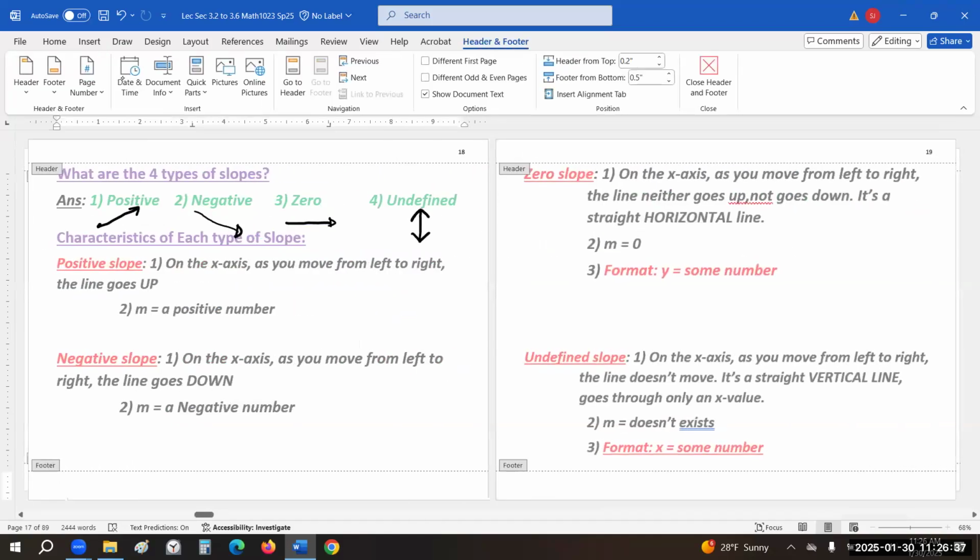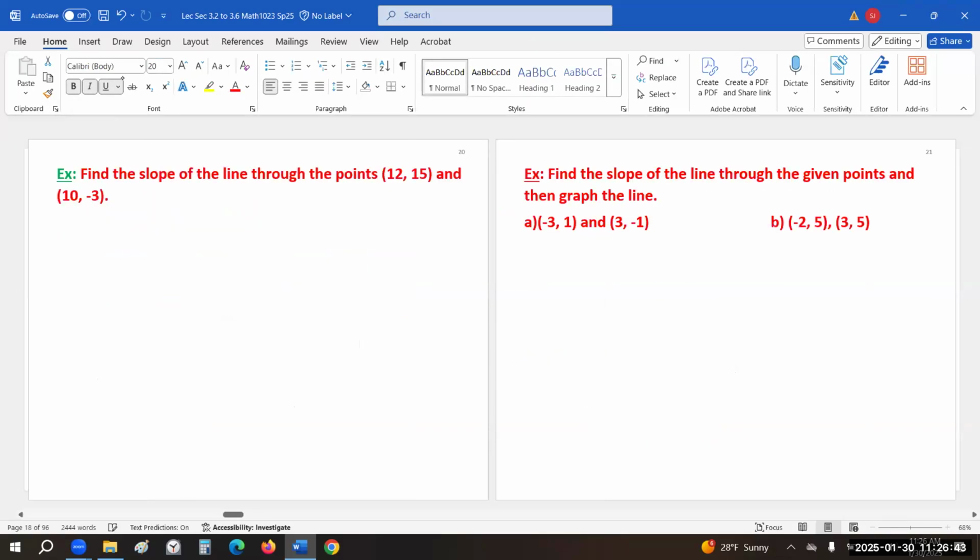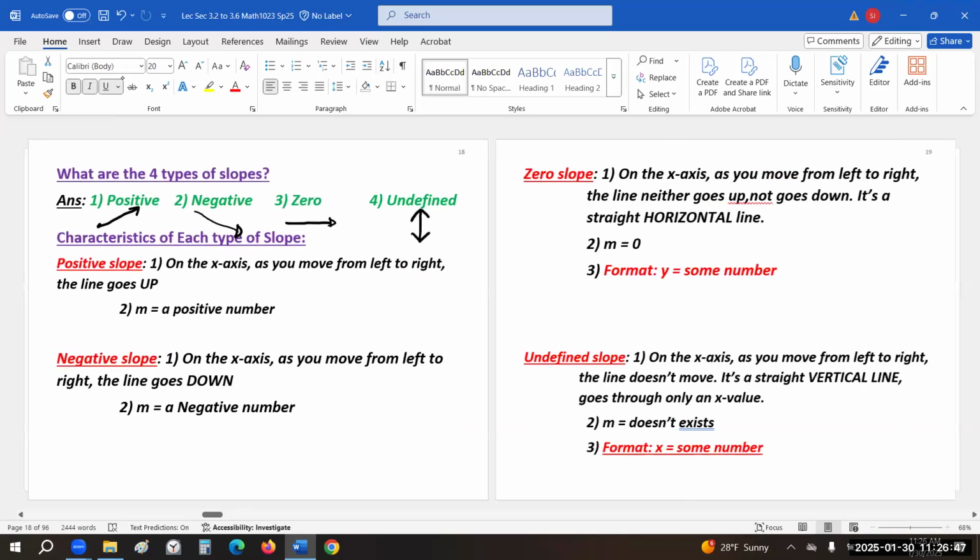Can I flip my page? That's why I told you, instead of writing all the notes down in class, just print them out.